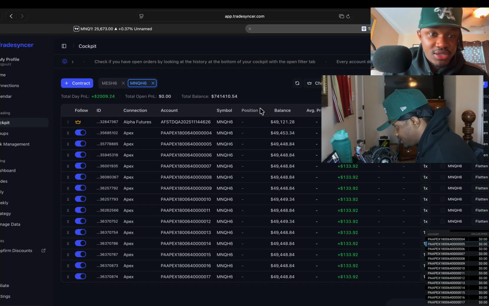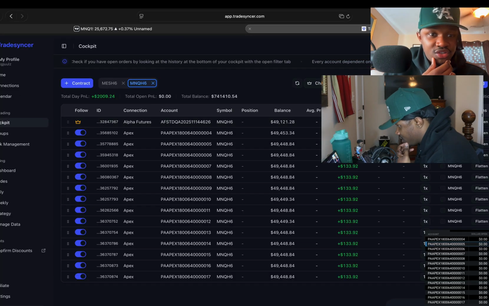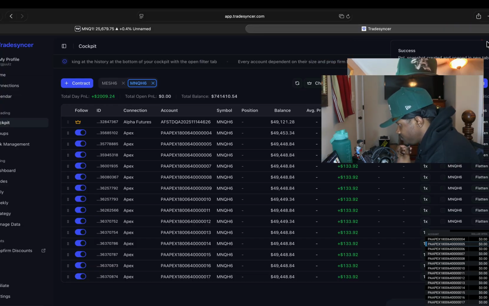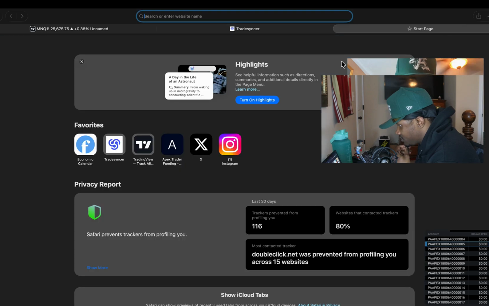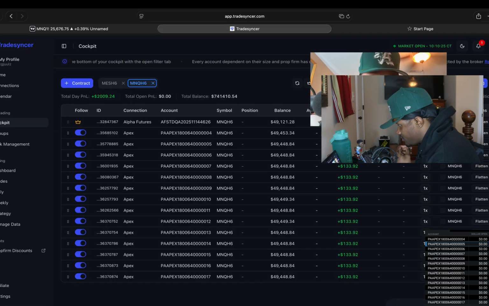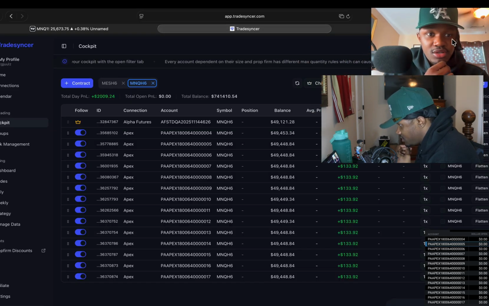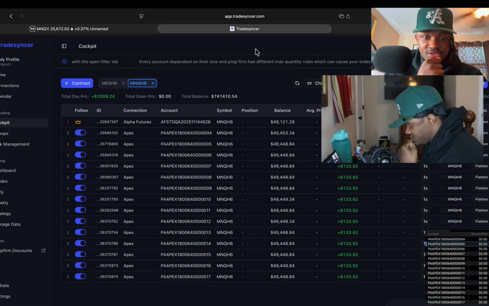Up 2K on the day. Couldn't add another contract because another contract would have put us at like $200 risk. I don't know why this P&L card won't open up, but whatever. You guys see it. Up 2 bands on the day.